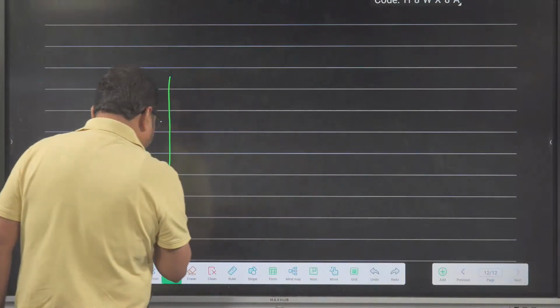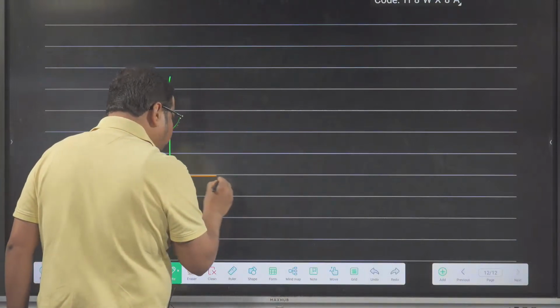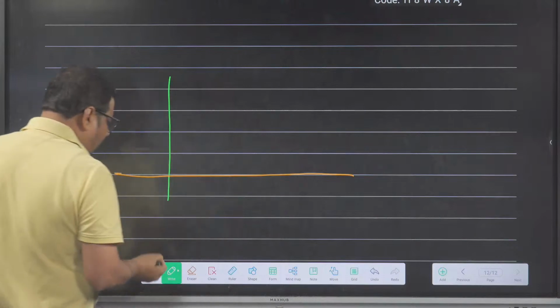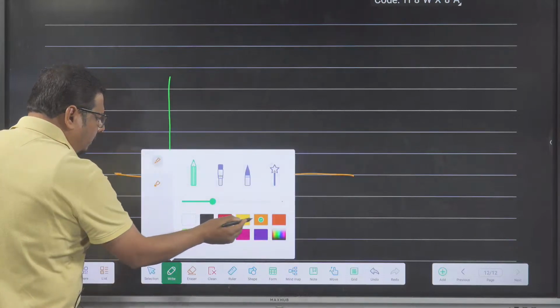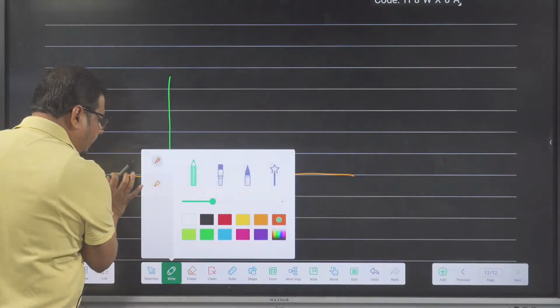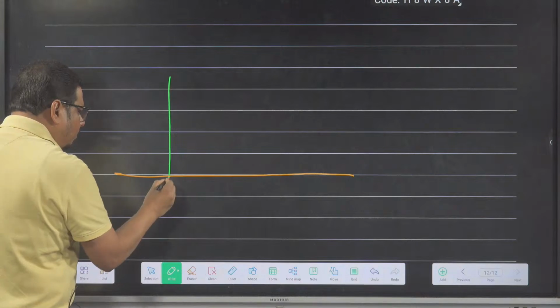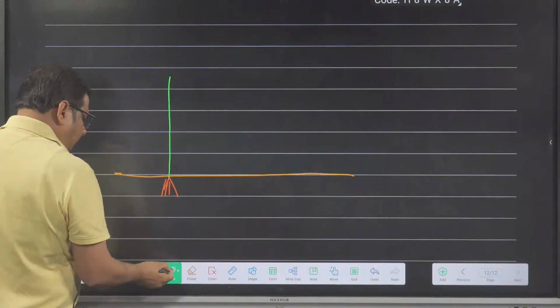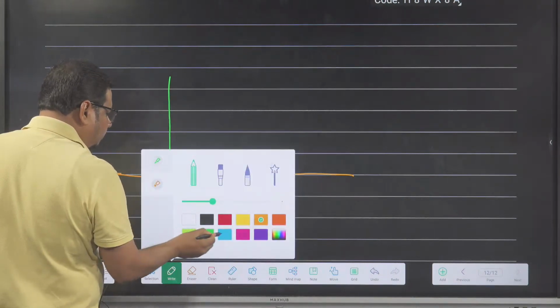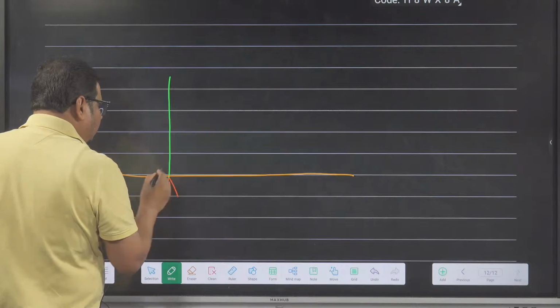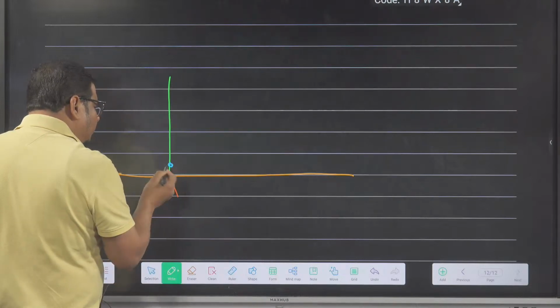Or assume I am making the surface of soil here. Now here assume it is root. And this is the node, and from the node, of course, leaves are there.